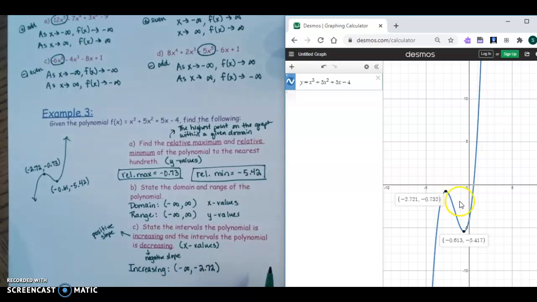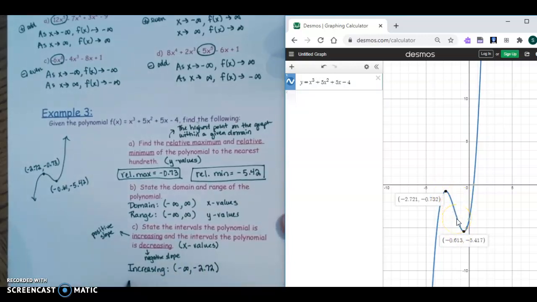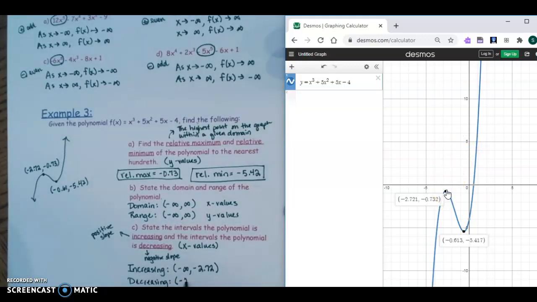Okay, then we're going to have this little section with negative slope. So I'm going to go here and write decreasing. So the x value at this turning point again is negative 2.72. And we're going to decrease or go downhill to the x value of negative 0.61.